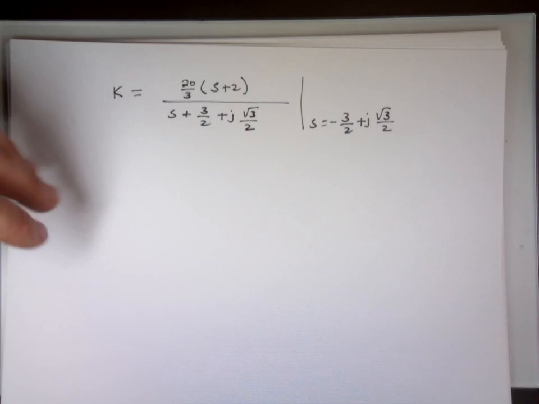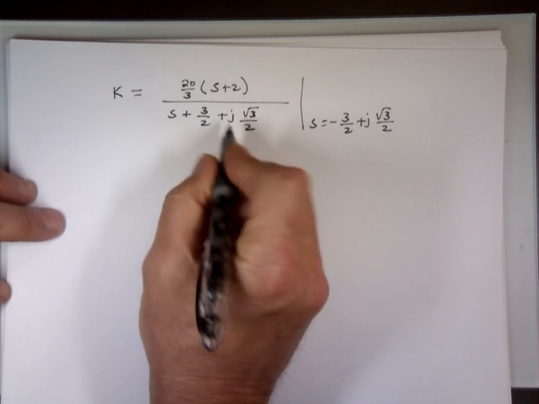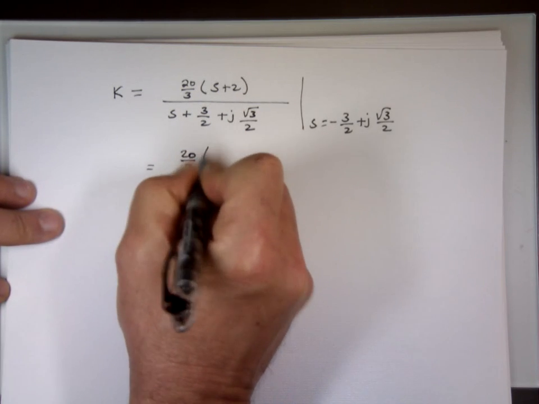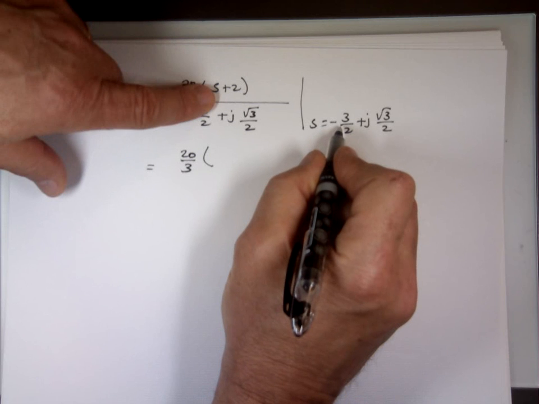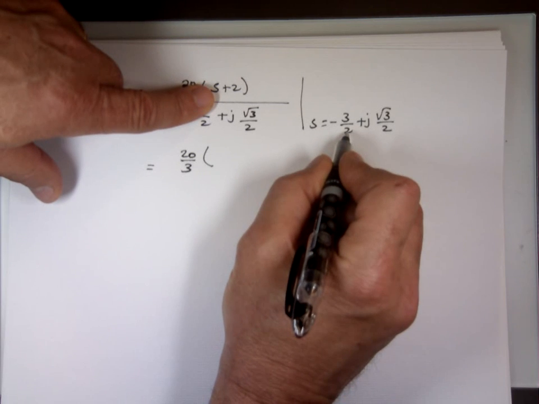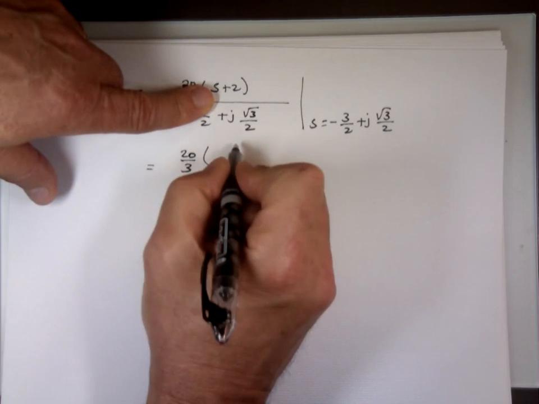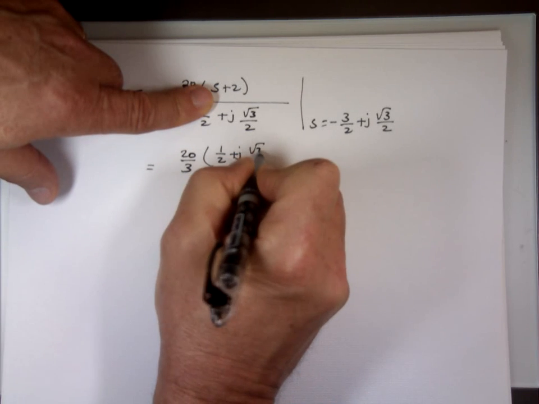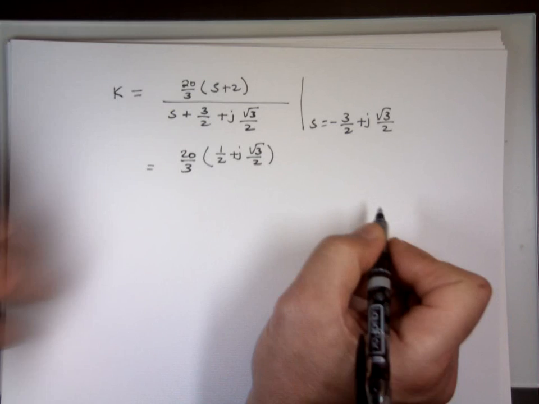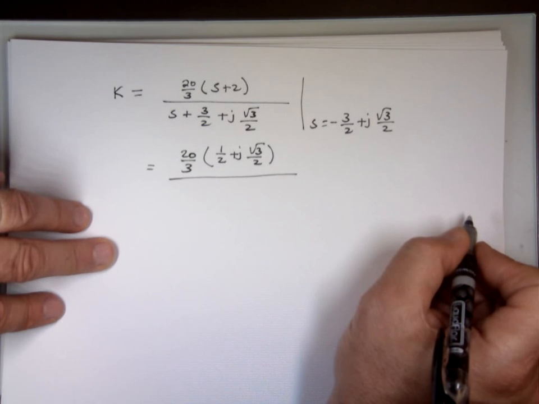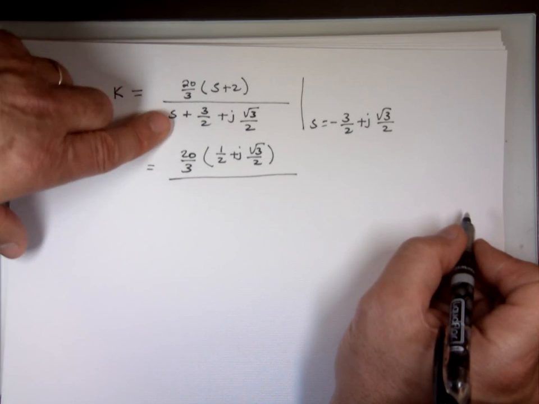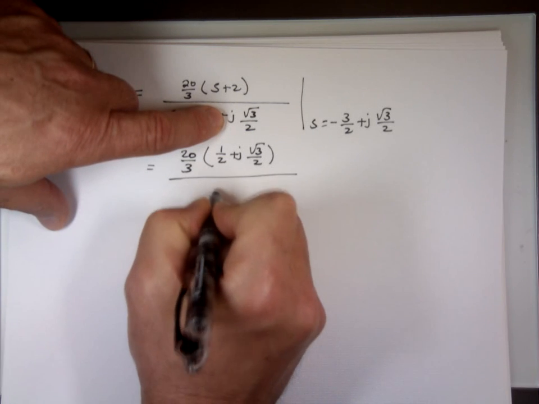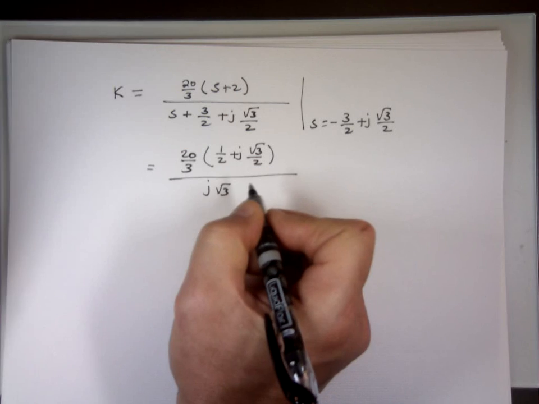So that will be 20 over 3, s plus 2. Let's add 2 to this. Negative 3 halves, when you add 2 to it, what's that? Plus 1 half? And in the bottom, there'll be 2 of these, because the negative 3 halves will cancel the plus 3 halves.